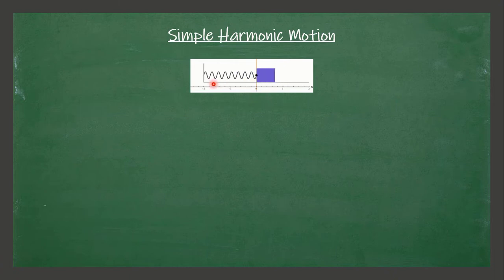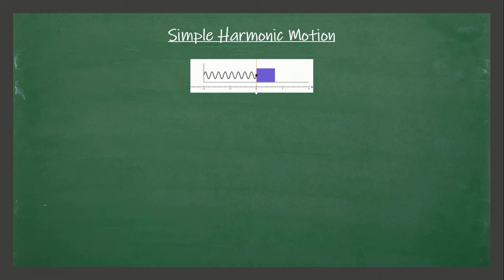And if the plane on which the object is resting is frictionless, then we can say that this motion of this object is a simple harmonic motion. Actually, this can be considered an example of simple harmonic motion if the displacement from the equilibrium position is very small. So now let's find out the condition for simple harmonic motion by analyzing this problem.